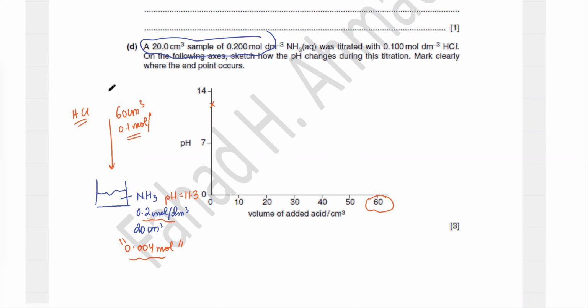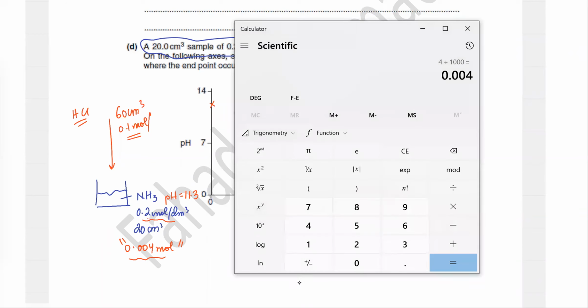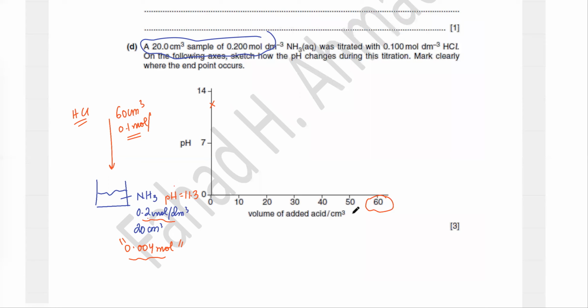How much are you adding? 60 into 0.1 divided by 1000. What do you get? 0.006 moles.